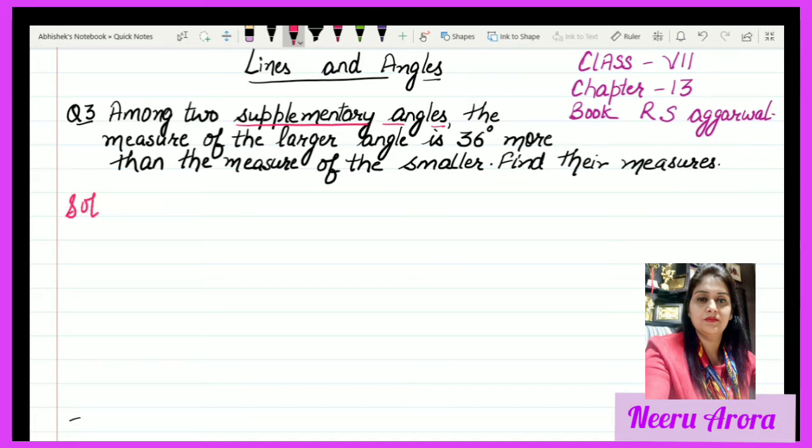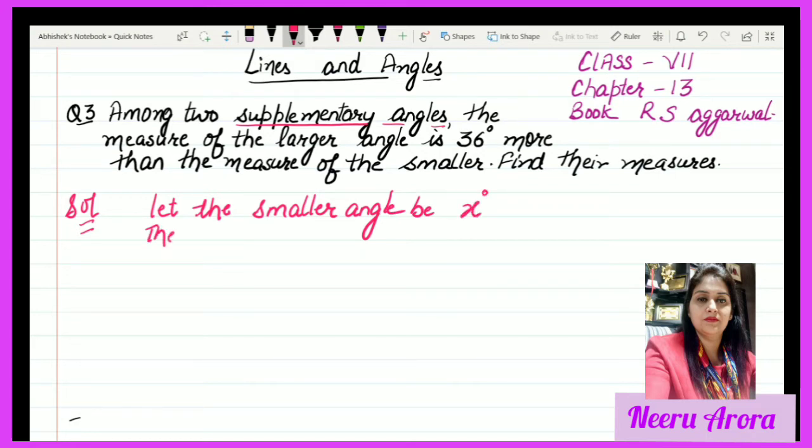So here the question is, the measure of the larger angle is 36 more than the measure of the smaller angle. Let the smaller angle be x degrees.